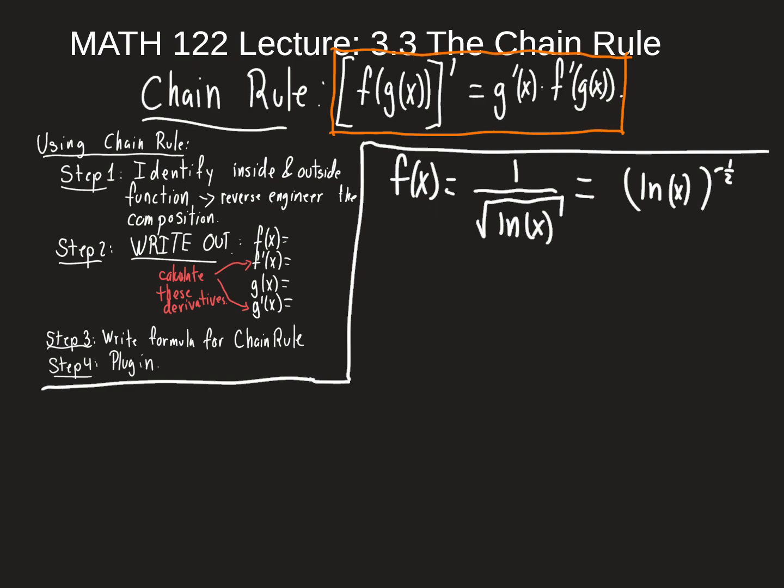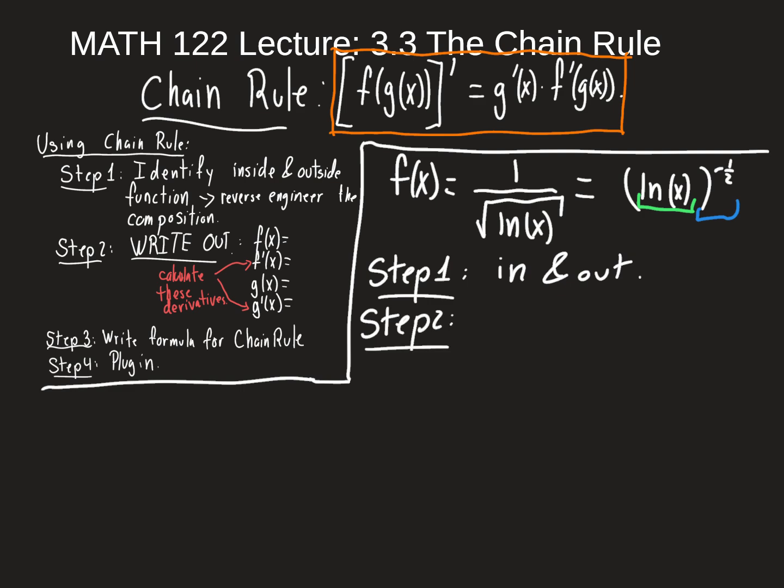So now we need to identify the inside and the outside function. And we see that inside we have this natural log of x, and outside is this power negative 1/2. So that was step 1, identify in and out. So step 2, let's actually write those out on the page.